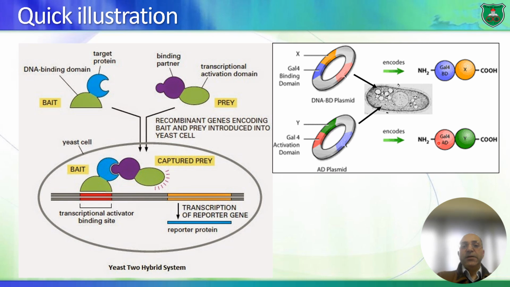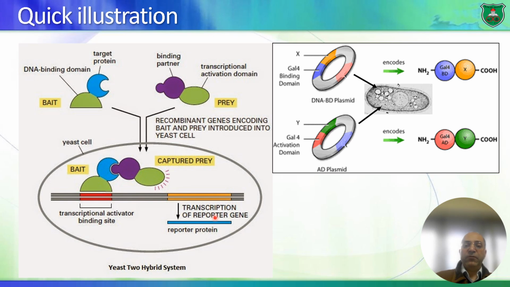The idea is that if X interacts with Y, then these two would be close to each other. So we're going to have, again, this protein of interest with the DNA binding domain, and another protein of interest, protein Y, with the activation domain. Now, if these two interact with each other, then we're going to have the DNA binding domain and the activation domain very close to each other, and we're going to have transcription of LAC-Z. If LAC-Z is expressed, we're going to have beta-galactosidase.